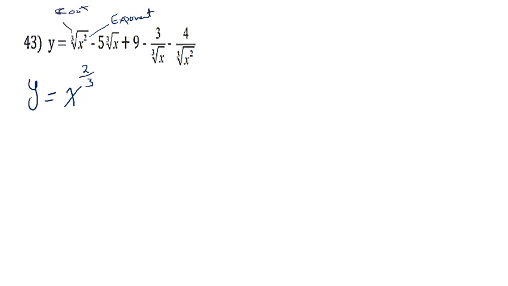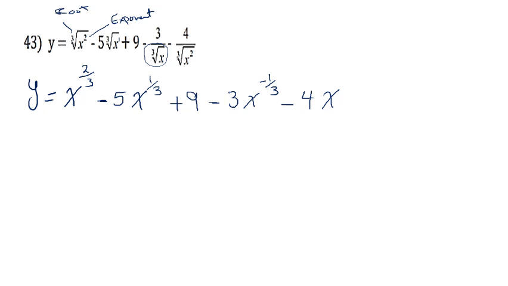So the root will be the denominator of the fraction, minus 5 x to the power of 1 over 3, the cubic root of x, plus 9 minus the difference between the cubic root of x and 1 over the cubic root of x. This one is a negative power, so it's 3x to the power of negative 1 over 3 minus 4x to the power of negative 2 over 3.